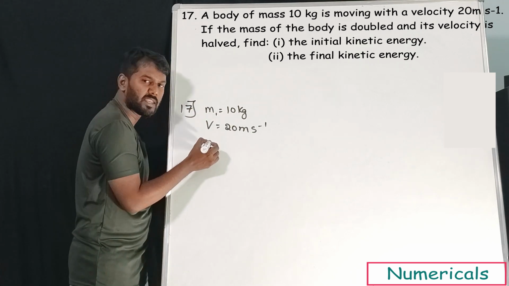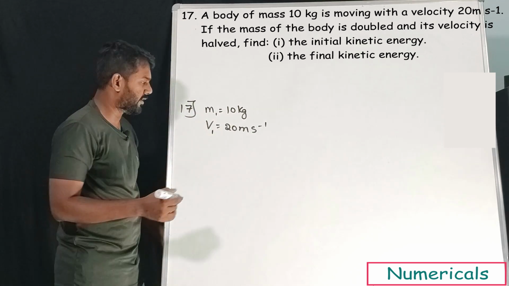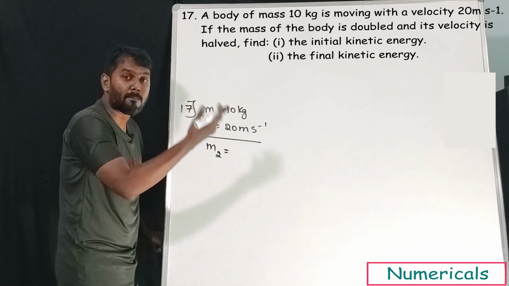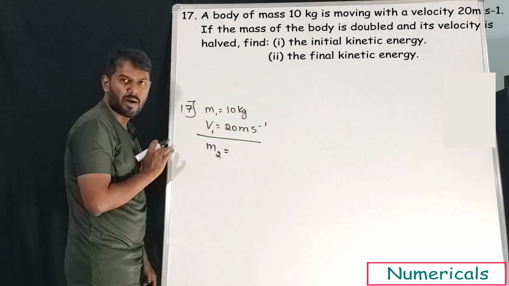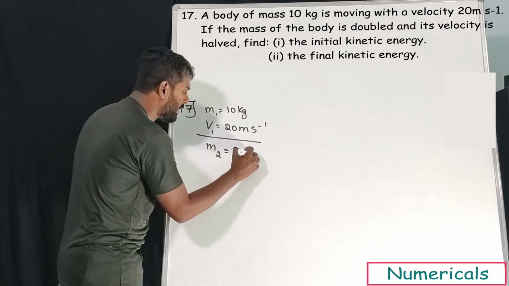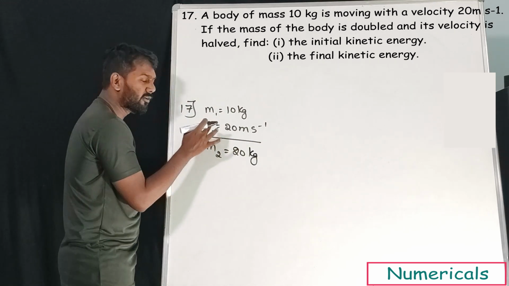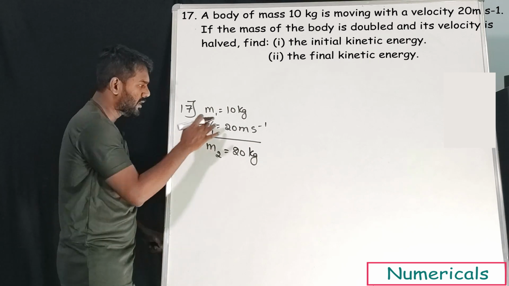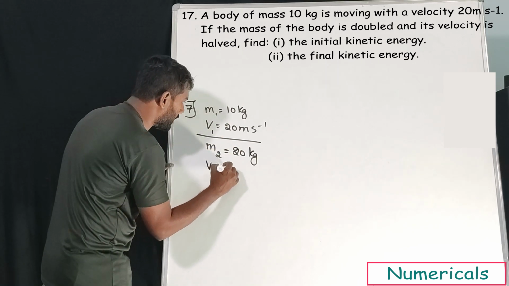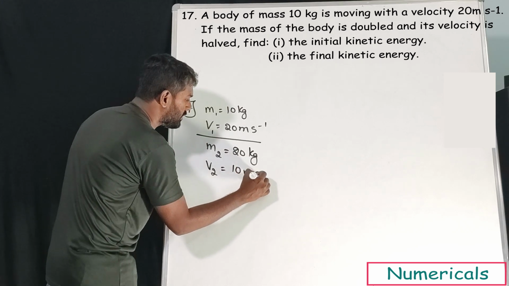So we'll take this as m1 and this as v1. Next, m2, if the mass is doubled. What is the initial mass? That is 10 kg. Now if we double it, that becomes 20 kg. Then if the velocity is half, what is the half of 20? That is 10. So v2 will become 10 meter per second.